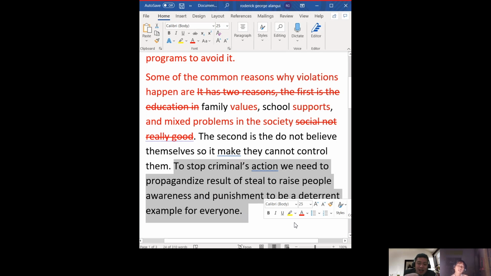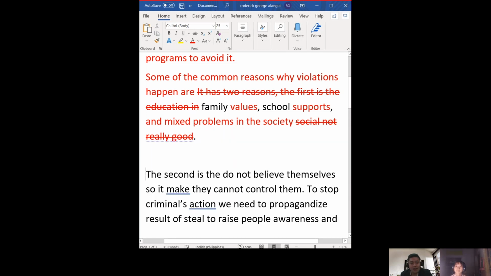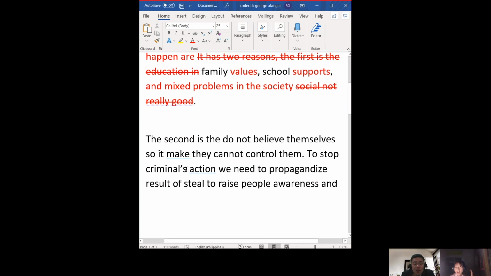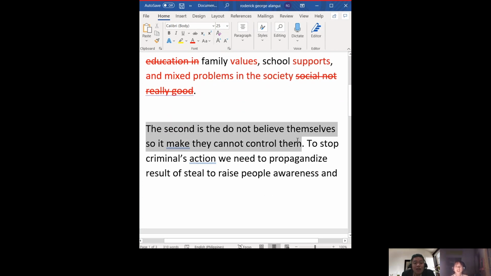In one paragraph, I think it would be better if you explain why family values are important, why school supports are important, and why mixed problems in the society are important. You can discuss the solutions in another paragraph.